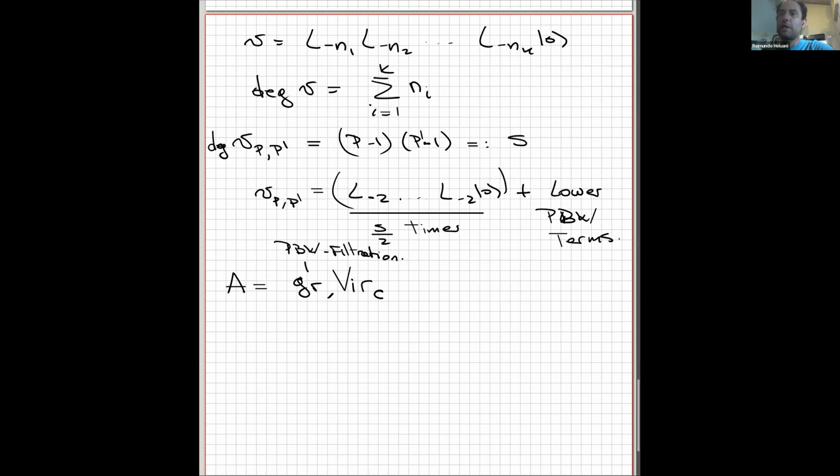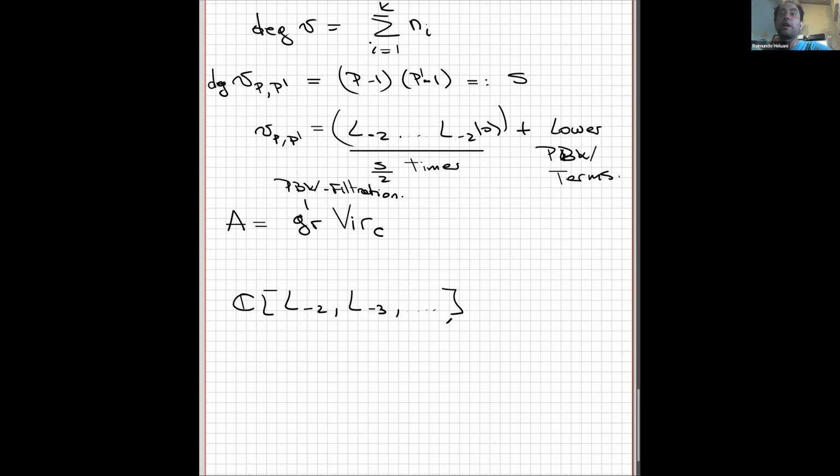We have a quotient like this: L minus 2, L minus 3, and so forth. So it's an infinite polynomial algebra. So this is going to start to look like an R space. By this observation here, in the associated graded, this vector here is equal to just this power. Everything else is lower in the PBW filtration. So if I kill that vector, this guy is going to be killed.